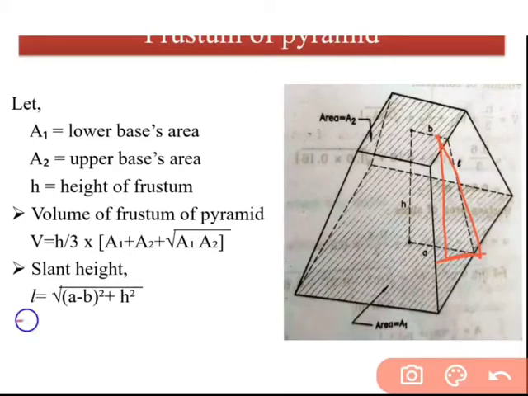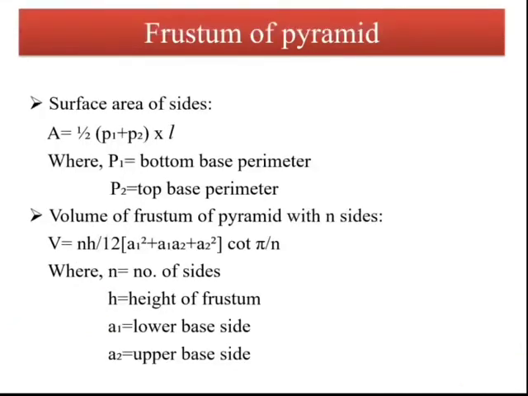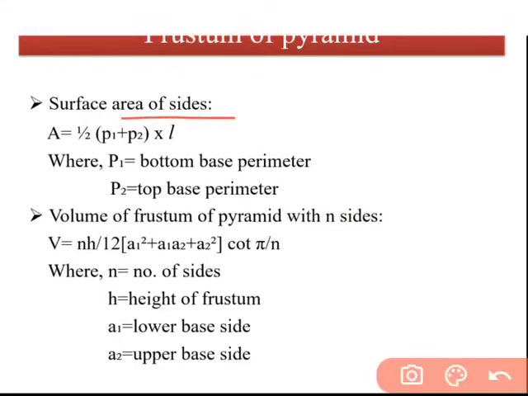So slant height L is equal to square root of (A minus B) whole square plus h square. So next find out the surface area of the side. The equation of surface area, A is equal to 1/2 (P1 plus P2) multiply L slant height, where P1 is bottom base perimeter and P2 is top base perimeter, and small l is the slant height.